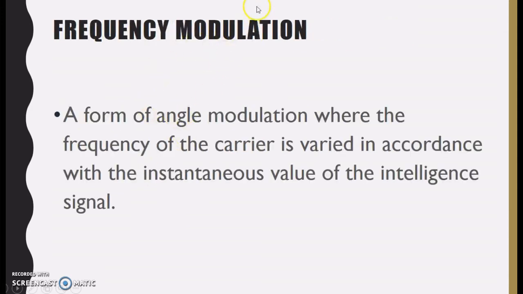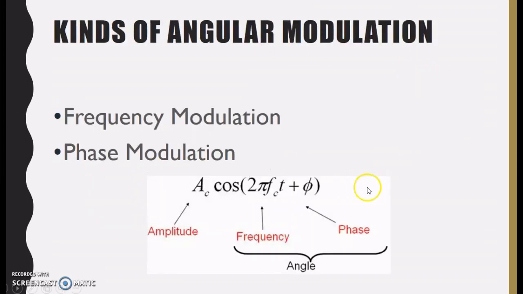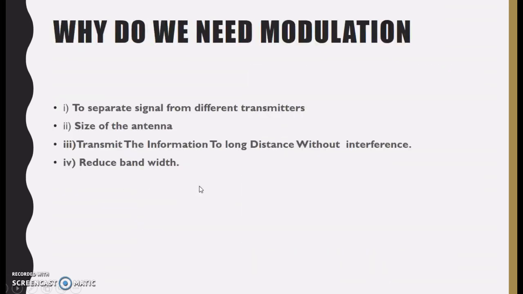Then frequency modulation is a form of angle modulation where the frequency of the carrier is varied in accordance with the instantaneous value of the intelligence. Here, as I've said earlier, we will be varying this frequency f and keeping this theta and A constant.